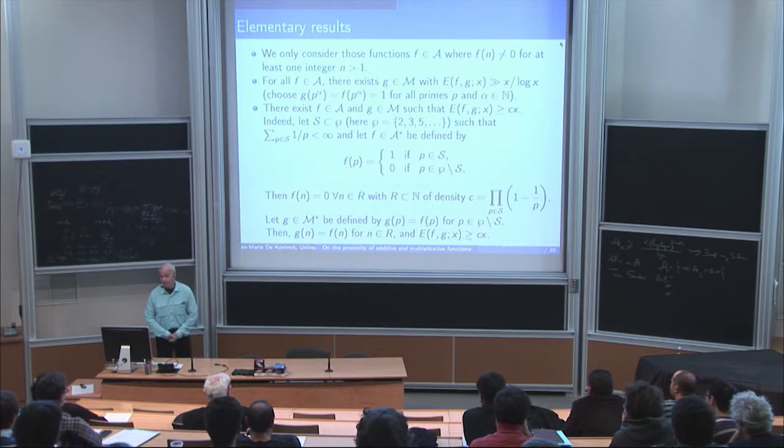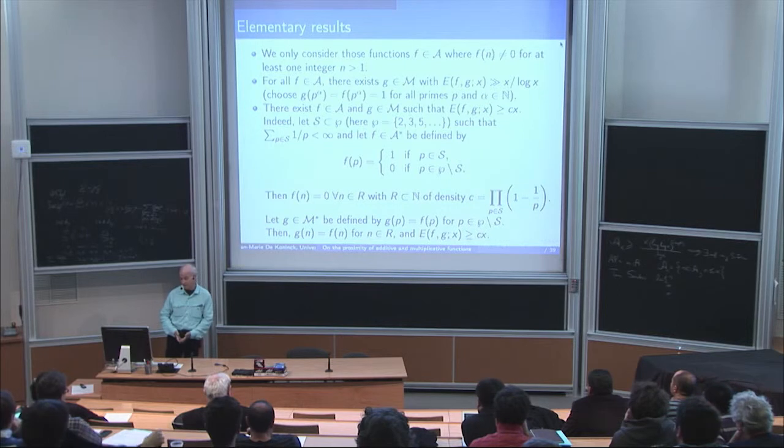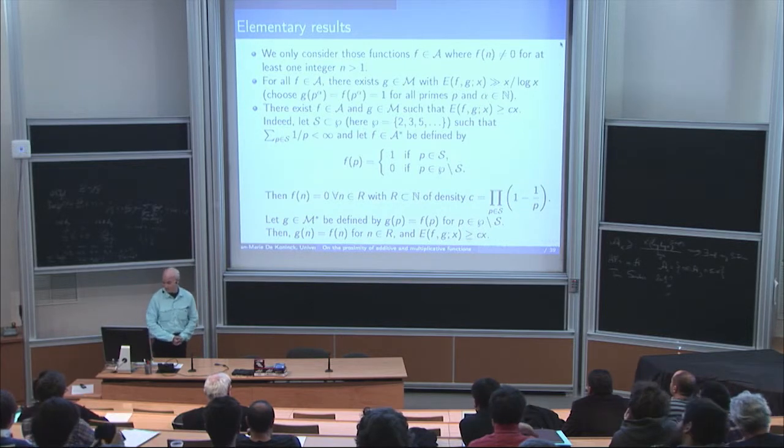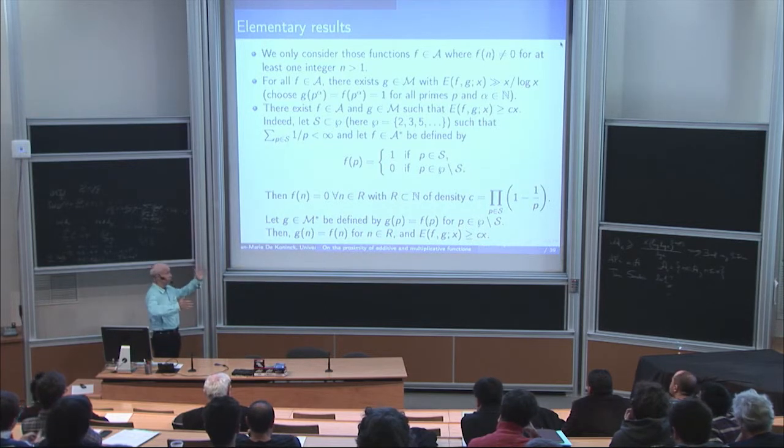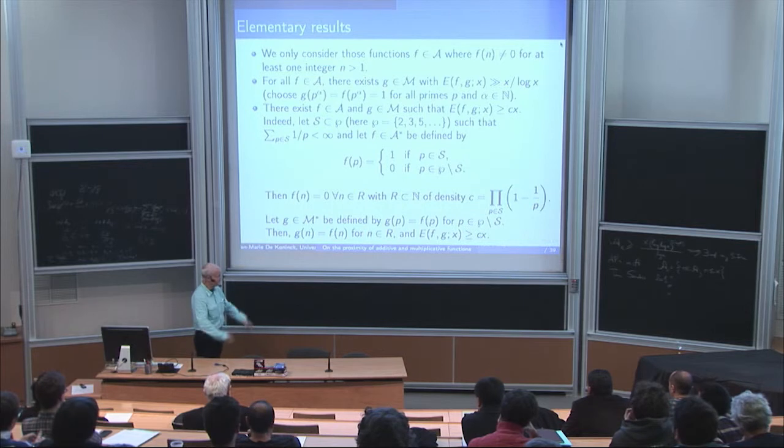Now, of course, you can take c as close to 1 as you want because you can take the set S to be very thin, say with only one prime, a huge prime, and then this product will be close to 1. So you can get very close to 1.